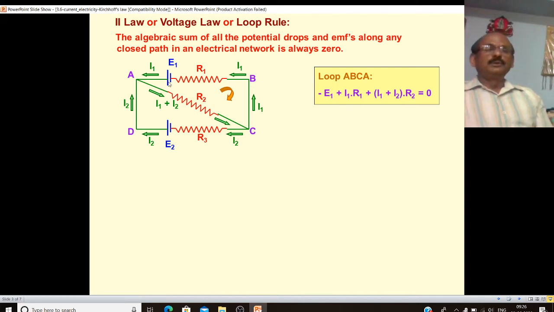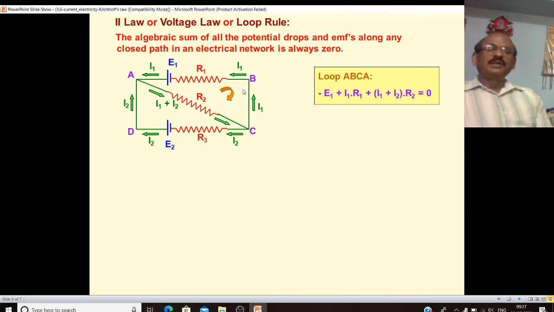So here in loop ABCA, first we reach the positive terminal, then we reach the negative plate, so the EMF is negative, that is minus E1. Now over this R1 resistor, we have considered the loop A, B, meaning we are moving A to B, and the direction of current is B to A, so the voltage across this resistor will be positive, I1 R1, plus.